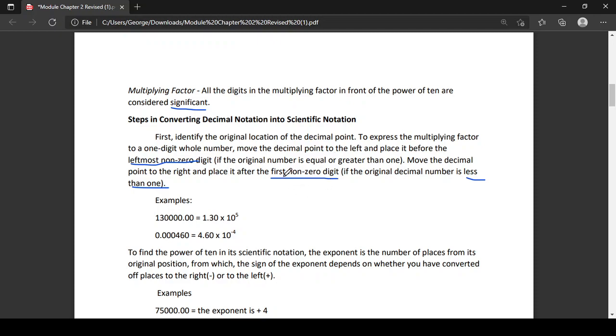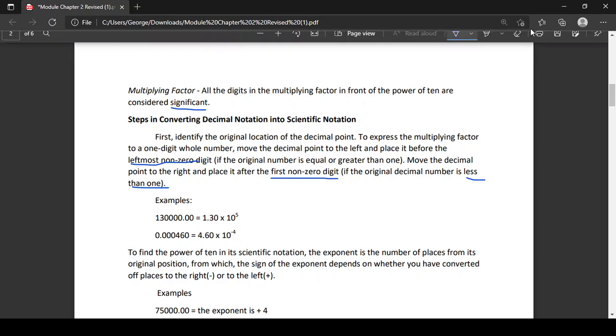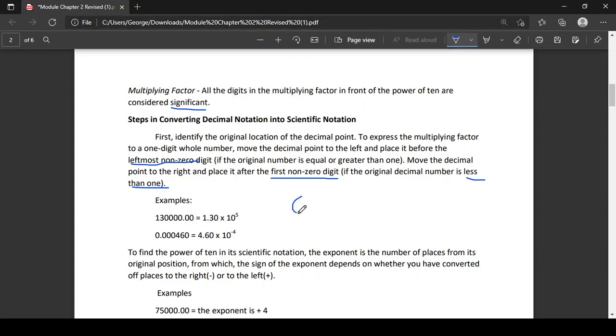So kids, now, you need to convert your decimal notation into scientific notation. I will give you an example. 0.024. Convert it, kids.